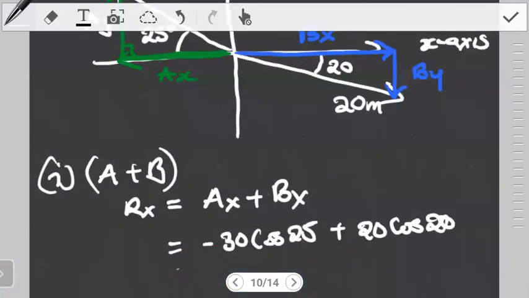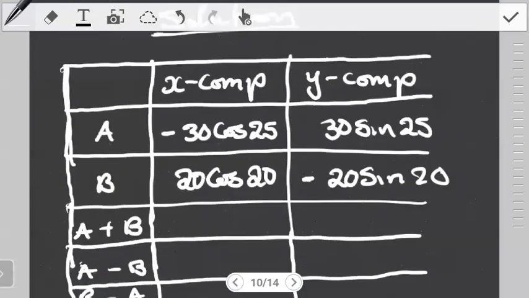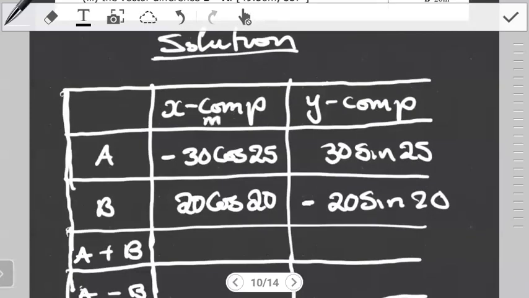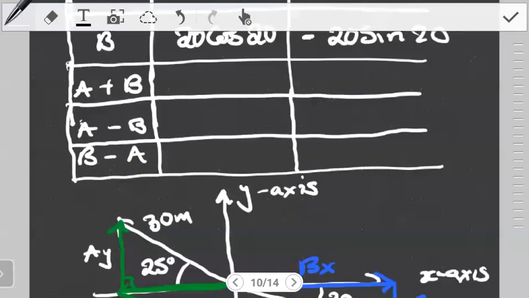If you perform the evaluation here and add these two, to three significant figures, you're going to get negative 8.40 meters. On my table, I can write that these components are going to have the unit of meter, so I don't have to repeat the units everywhere else. So this is coming out as negative 8.40.